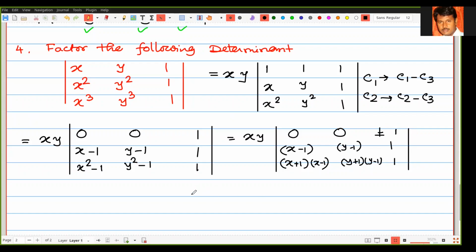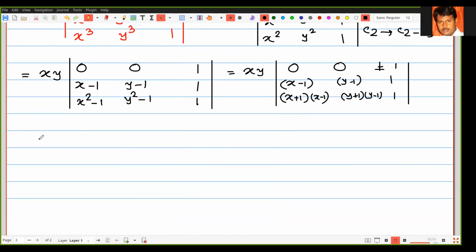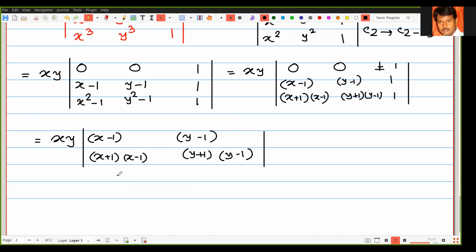So expanding the determinant, we can say that one is x, y, and after that x minus 1, y minus 1, x plus 1, x minus 1, y plus 1, y minus 1. So from the first column, we can take common x minus 1, and from the second column, we can take common y minus 1.